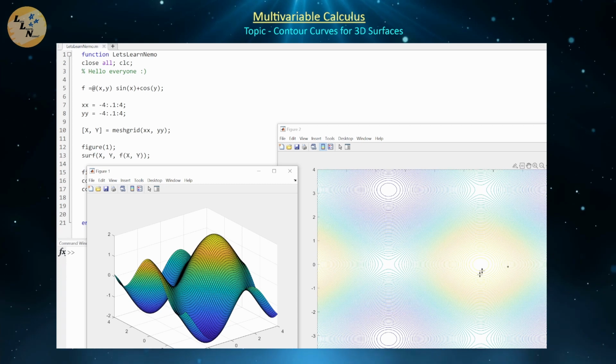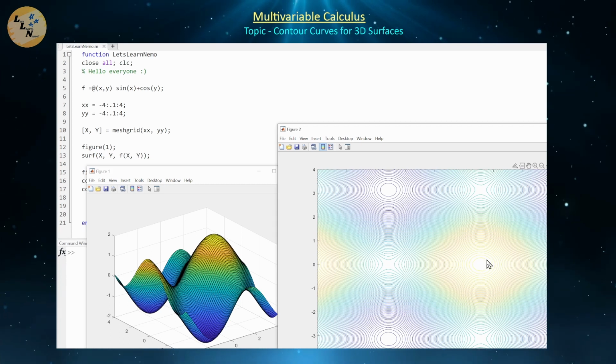So notice that if we look at this point right here, which is approximately 0, 1.5, and the z values are marked in this particular color, notice that the values go from really bright to really dark as you move to the left, up, right, or down.